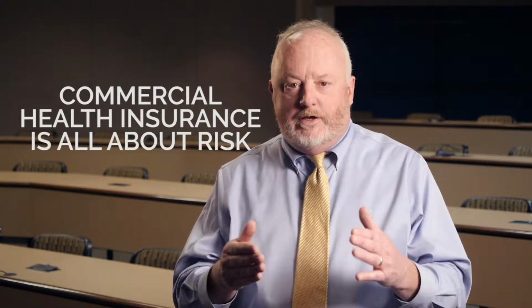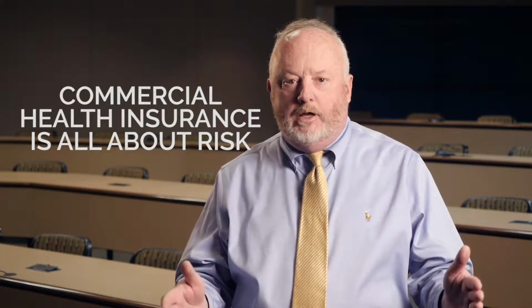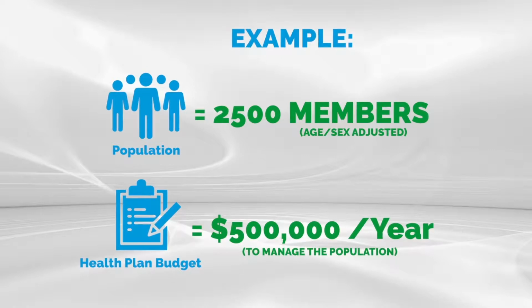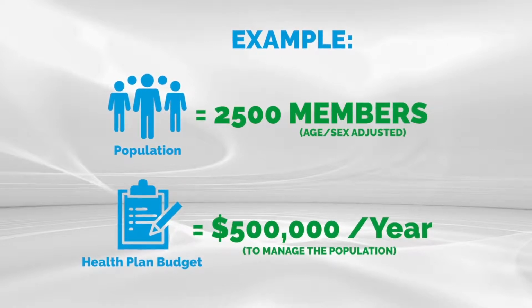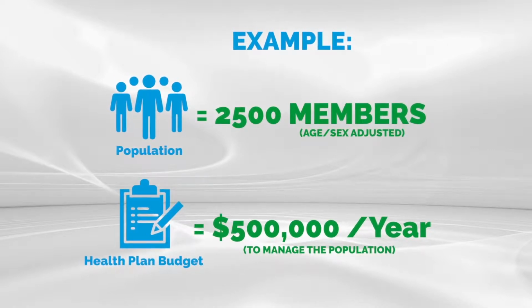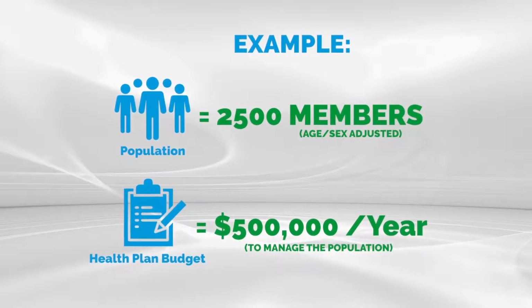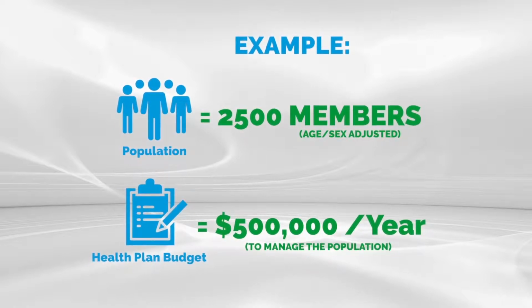They're taking a risk on the patient population that they cover. They have a budget, and typically that budget is based on historical utilization. So they know that a certain population, they have lots of science that says a certain population, age, sex adjusted, all of those things, has a certain amount of cost based on the community that they live in.